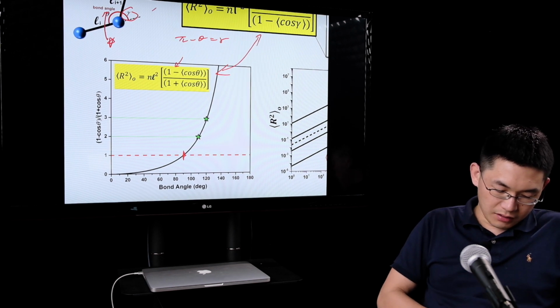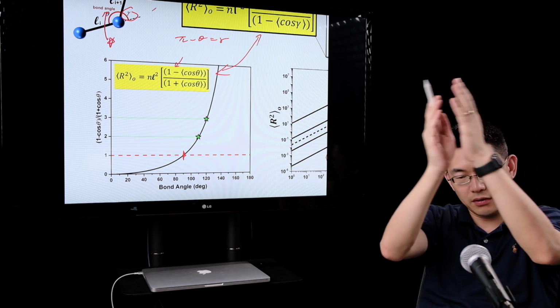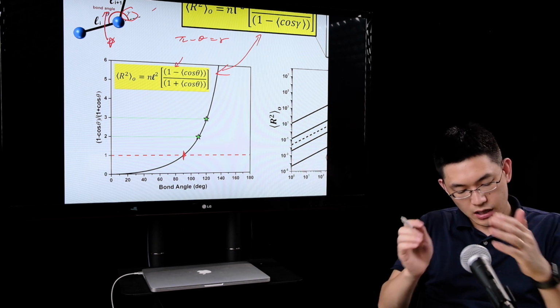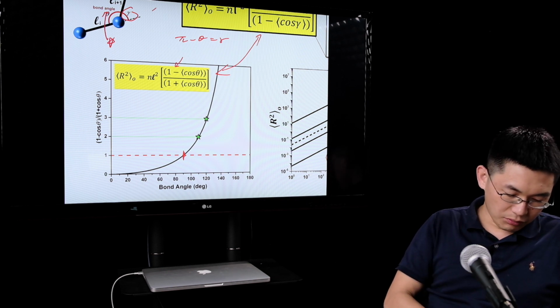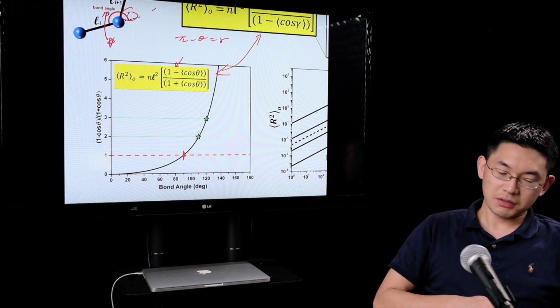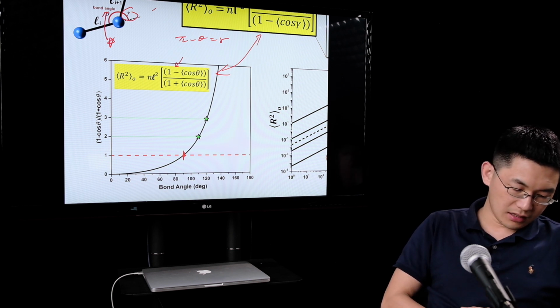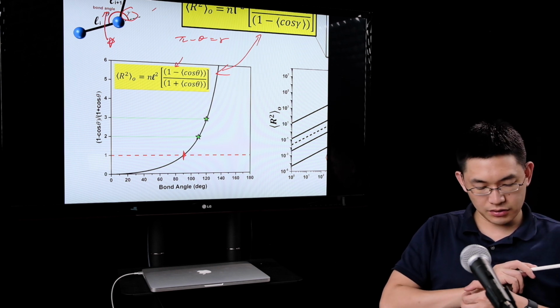But now, if you think about the bond angle again, that's determined by how big the opening is between neighboring bonds. If the opening is very large, for example 109 degrees, which is what we discussed, similar to sp3 bonds, that results in 1 minus cosine theta divided by 1 plus cosine theta equal to 2.